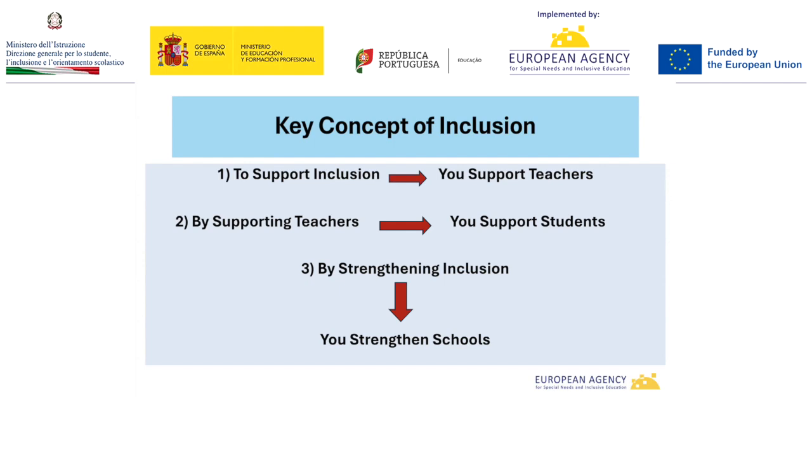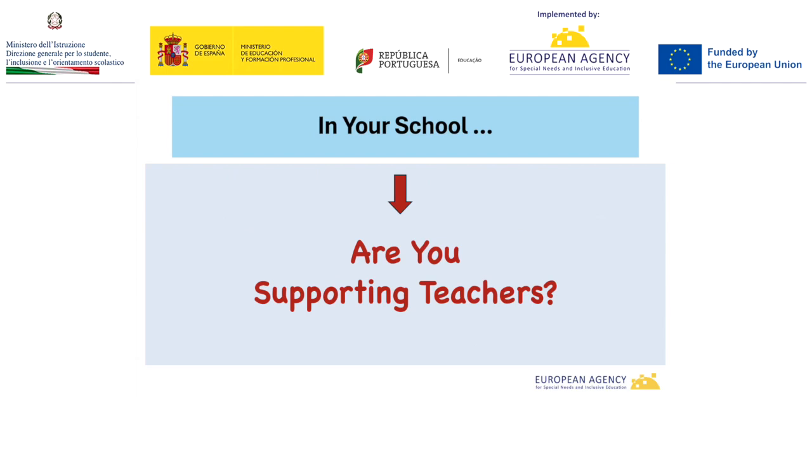And number three, back to the point I made earlier, that everything you do to strengthen inclusion, you can see it as a way to strengthen the school, not only for the students that have now been included, but all students who are in the school. So, my fundamental question here is if I were evaluating the effectiveness of a school, are you supporting teachers? That's the question.